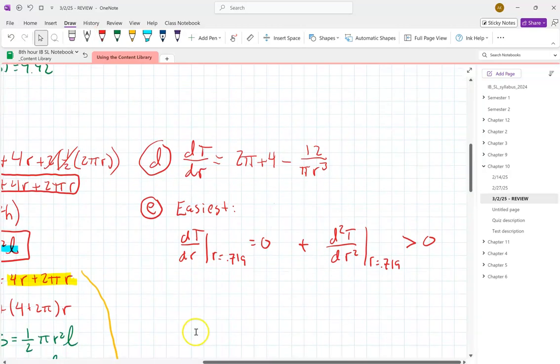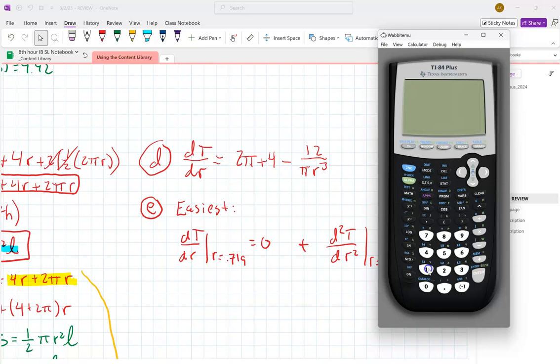So I'm just going to do this in my calculator. So again, I'm going to plug in my function for T, I guess, because I think it's going to ask me for the minimum value here in a minute. So what was my equation for T?